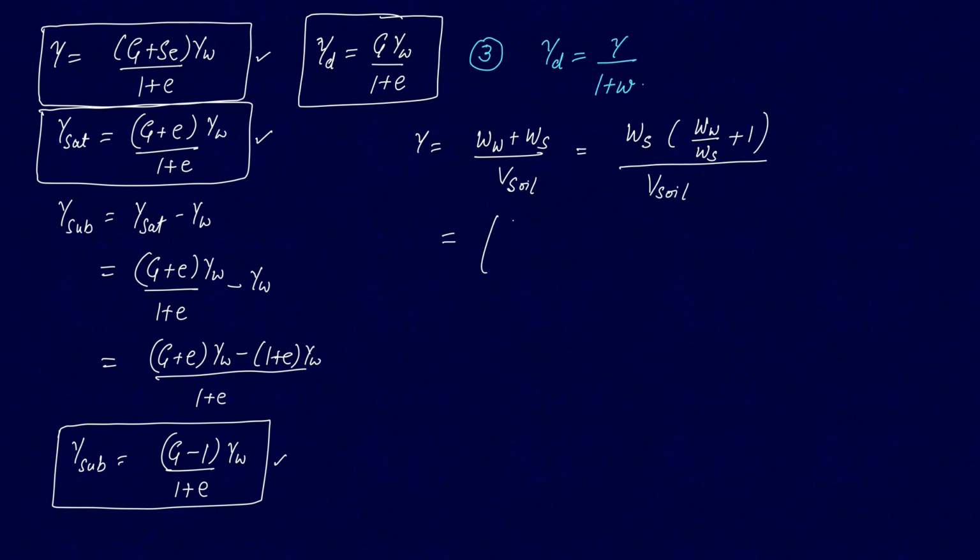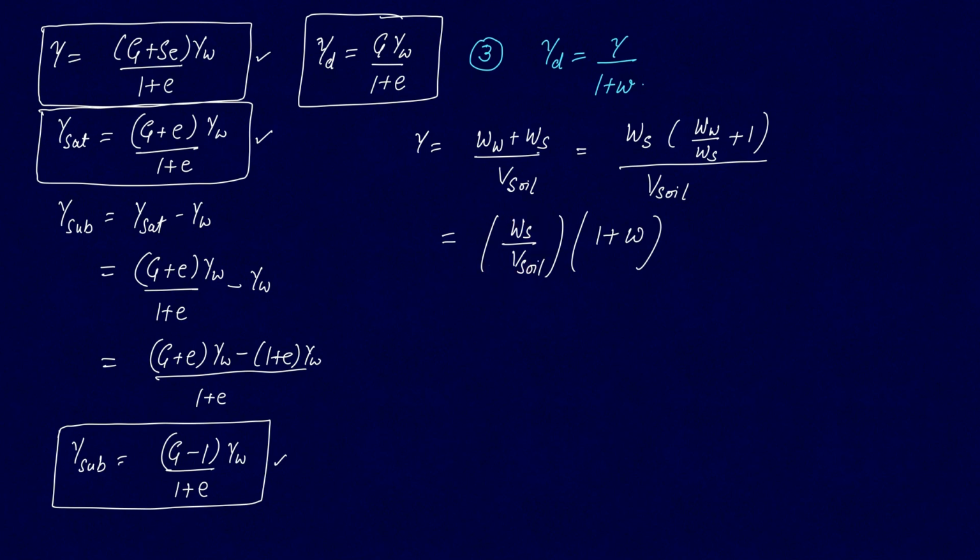Now simply separate these two terms. The first separate term is Ws over the volume of soil, while the other bracket is 1 plus Ww over Ws. What is this? Weight of water over weight of solids, that is water content. So just write a small w here. Now again, see what is this term? That is the first bracket.